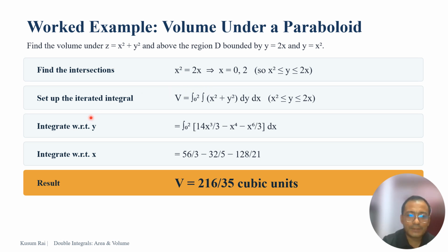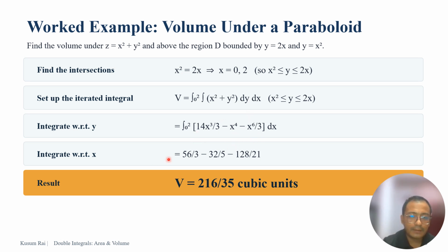So while setting up the iterated integral, V is equal to the integral from 0 to 2 of the integral of (x squared plus y squared) dy dx, where y is greater than or equal to x squared and less than or equal to 2x. In this way, we integrate with respect to y first, with the limits we calculated before.